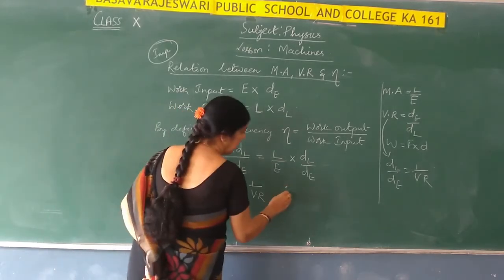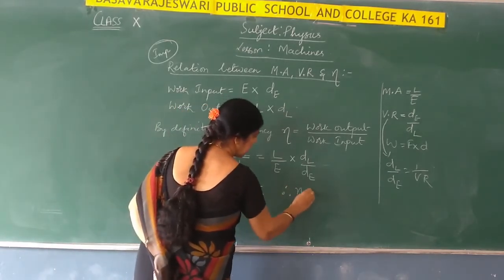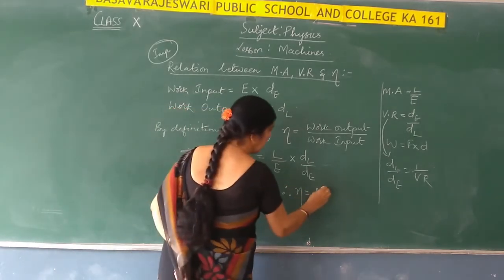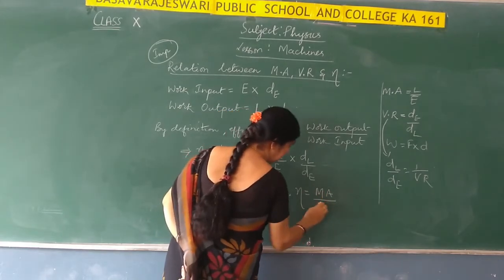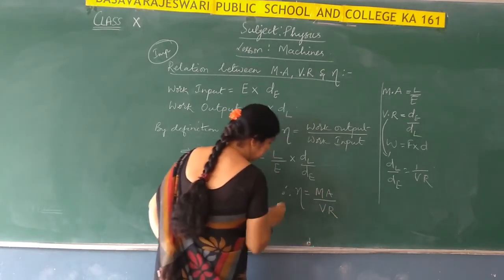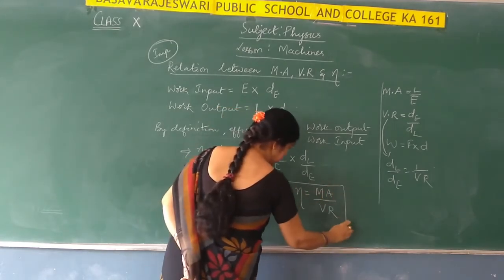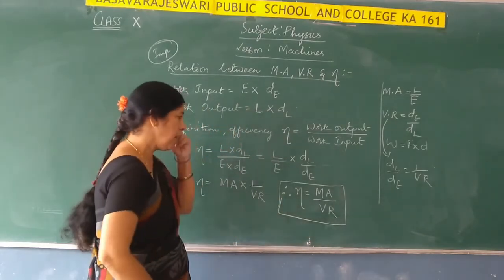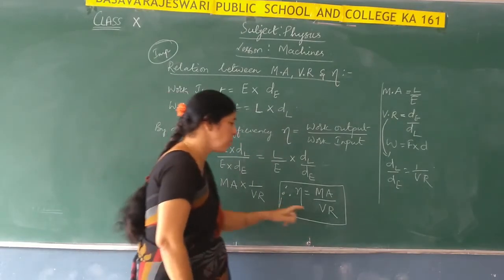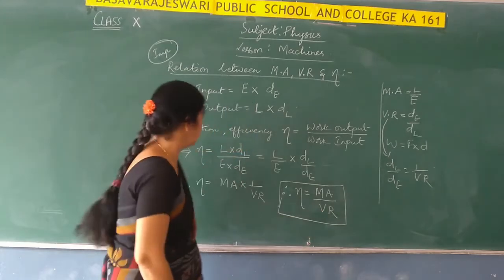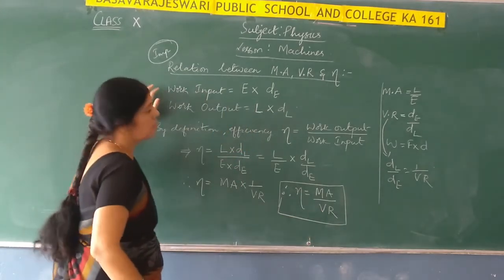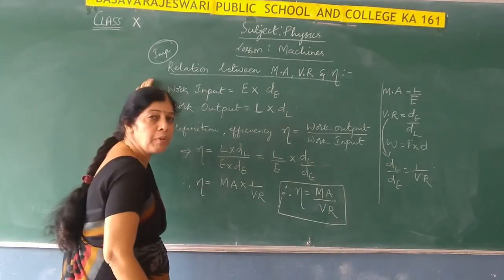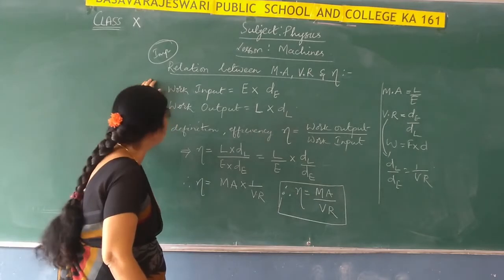Therefore, efficiency is equal to mechanical advantage by velocity ratio. This is the relation between efficiency, mechanical advantage, and also velocity ratio. Understood? This is the derivation which you have to learn, and it is very important also.